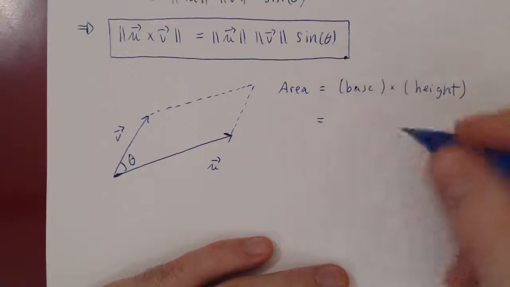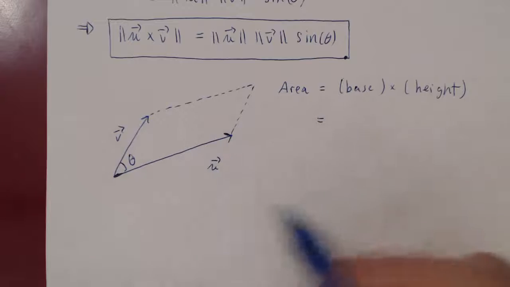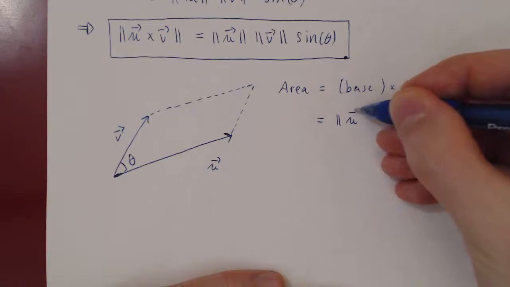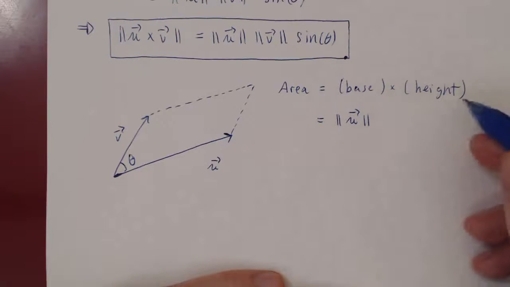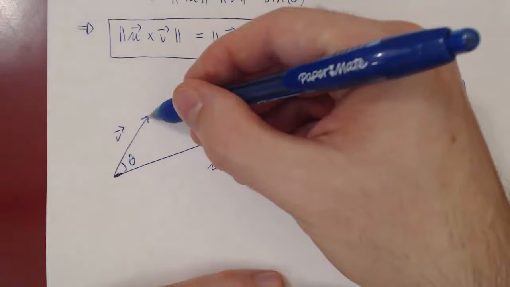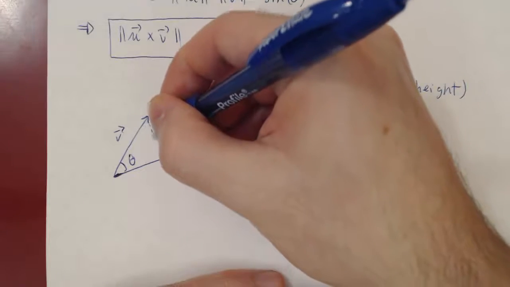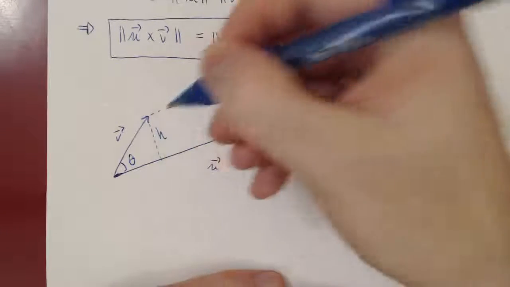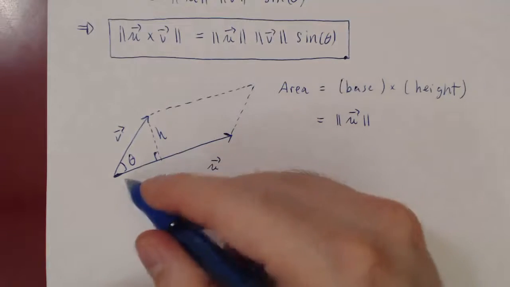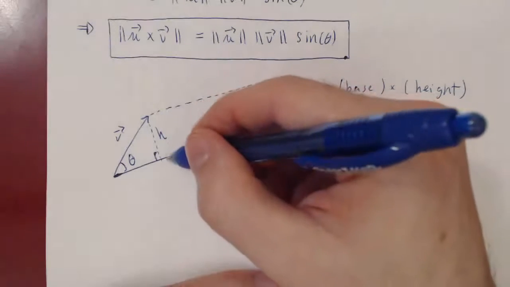If we view u as the base of our parallelogram, the length of the base is just the length of vector u, which is norm of u. What about the height? The height would be the line segment connecting the endpoint of vector v onto vector u, in a perpendicular fashion. Notice that we now have a right triangle, and we want the height of the triangle.